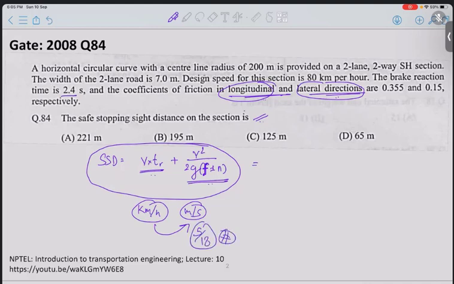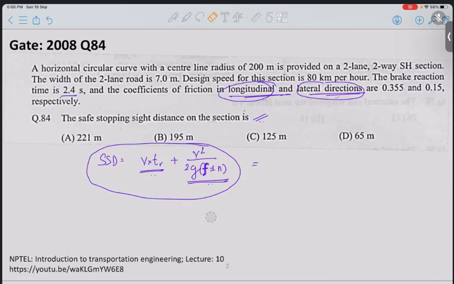Usually in GATE, they give either 100 or 80. If you solve a lot of questions, you will know that 100 kilometers per hour and 80 kilometers per hour are nothing but 27.77 and 22.22 meters per second. You will get a hang of these values, and you don't even have to multiply and convert.